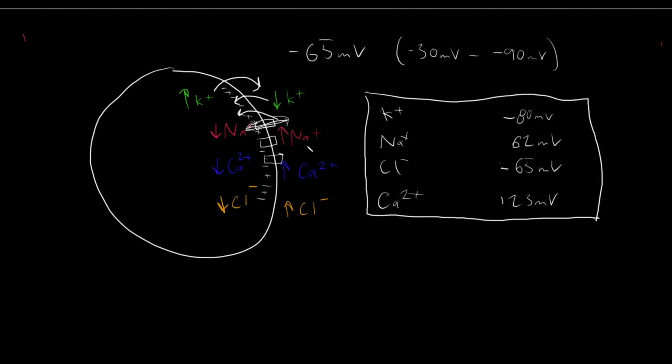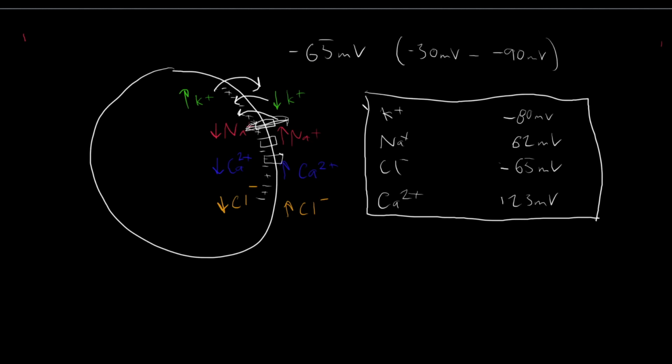Now, sodium does have some slight permeability. Chlorine does. Calcium, for the sake of our purposes, has almost no permeability. So sodium and chloride also contribute to why this isn't a perfect minus 80 millivolts.